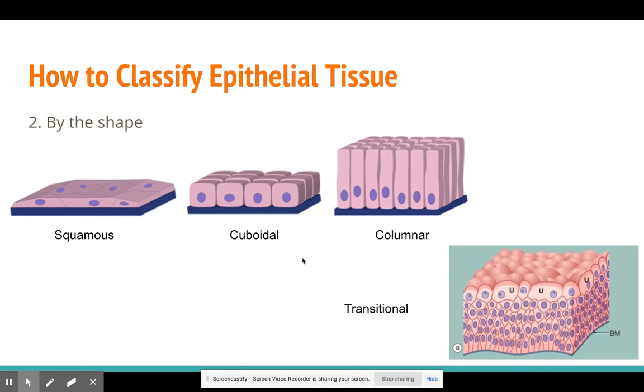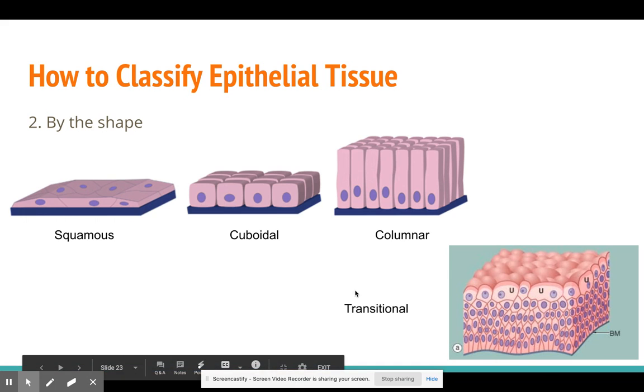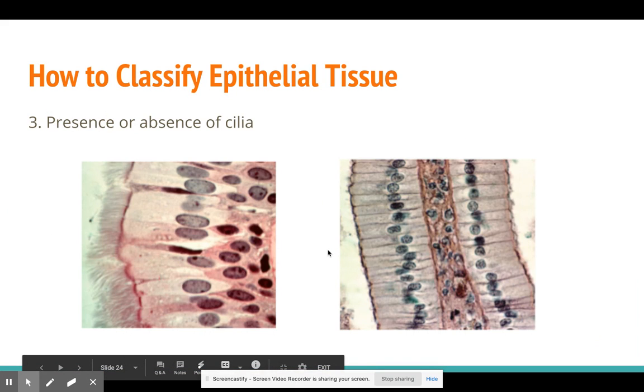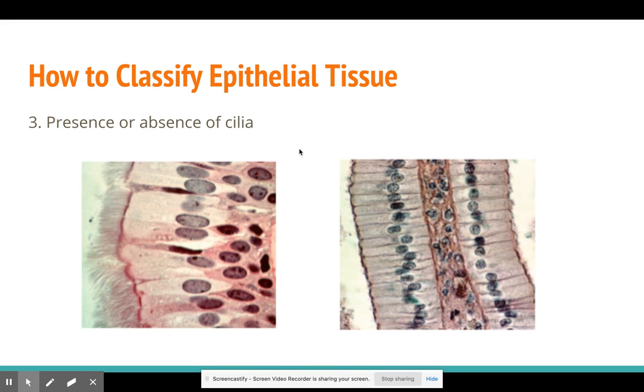The second way you can classify epithelial tissue is by the shape. There's squamous, there's cuboidal, there's columnar, and there's transitional. I think it's pretty easy to tell the difference between these. The third way to classify epithelial tissue is the presence or absence of cilia.